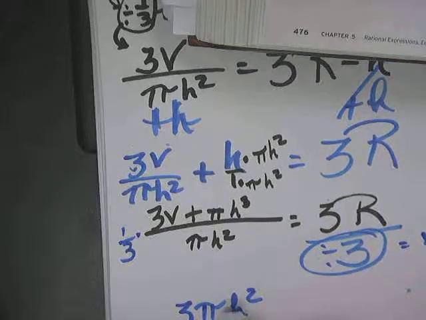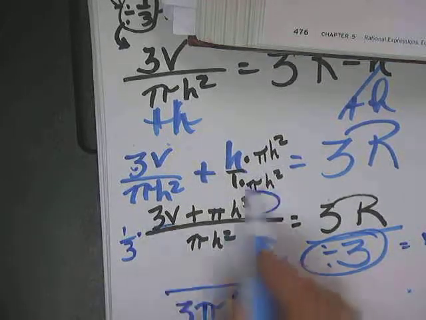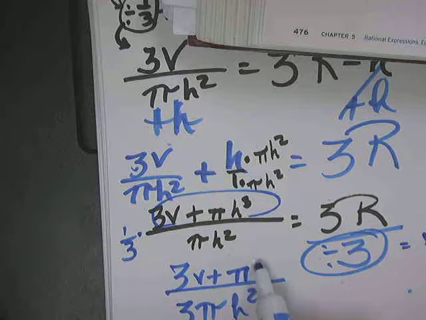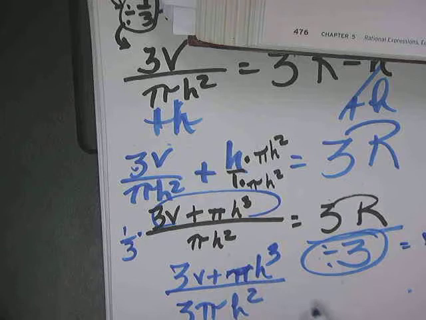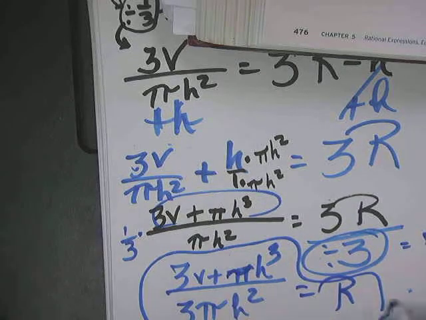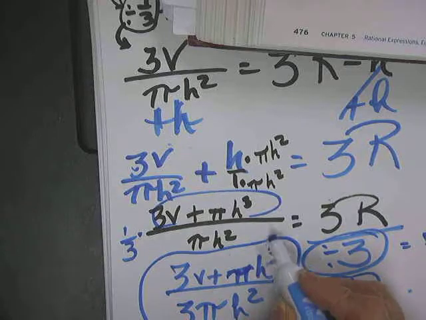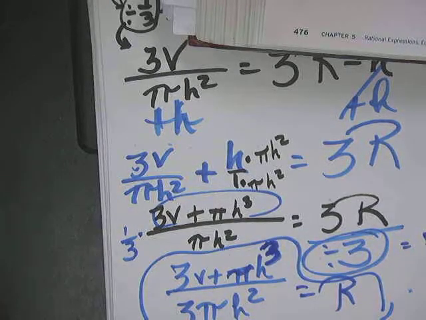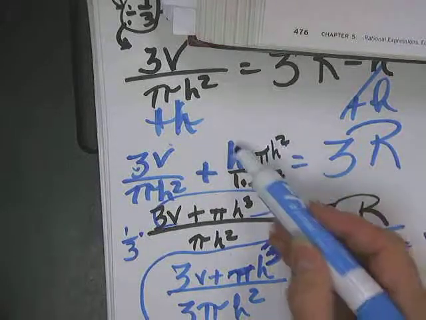Divide by 3 to get r. Dividing by 3 is the same as multiplying by 1/3. We multiply this by 1/3, it just puts a 3 in front of this. So we have a 3 pi h squared on the bottom and this stuff on top.